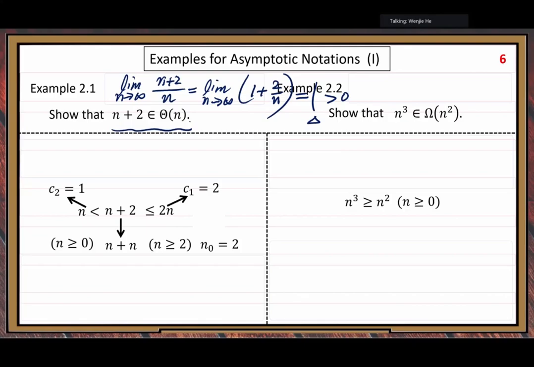So the C constant is 1, and N0 is 0. So by the definition, we can prove this. A very simple example.